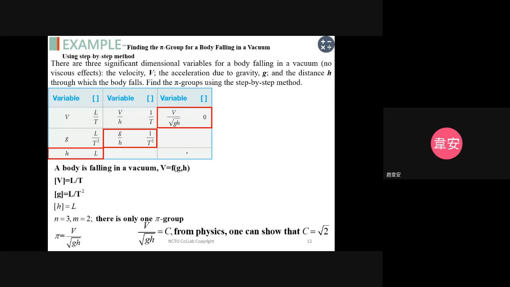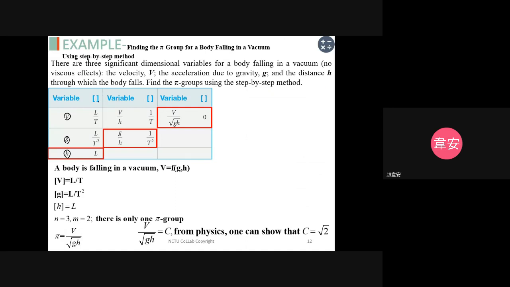So this is just one example. We just consider the body falling behavior. First, as I mentioned, if we do the model testing for a falling body, how many variables are involved in our practical phenomenon? For this problem, we will have the velocity, the gravity, and the falling height h.